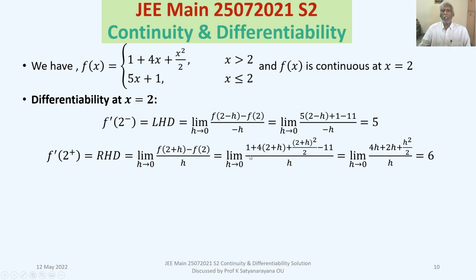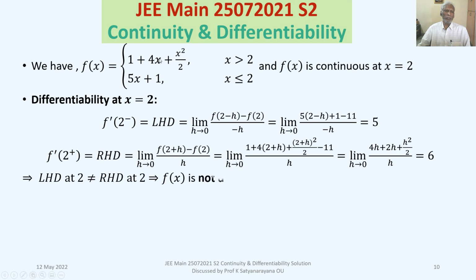Now 4 twos are 8, and 2 square by 2 is 2, so 1 plus 8 plus 2 is 11, and 11 minus 11 is 0. Then you will get 4h, and 2ab, 2 into 2 into h by 2, that is 2h, and h square by 2, whole by h. As h tends to 0, it is 4 plus 2, that is 6.